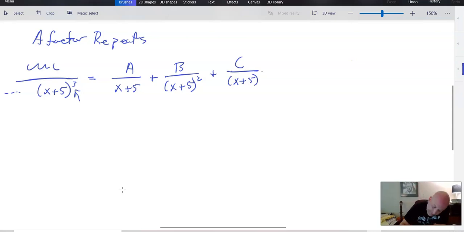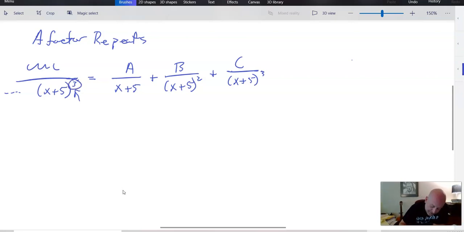If this was to the 4th power, we would have had one more, which would have been to the 4th power as well. So basically, that's how you break it down. You just write down all of the possible combinations of that factor. I could have 1 of them, 2 of them, 3 of them, and it just depends on whatever this exponent is, how many we put in there.